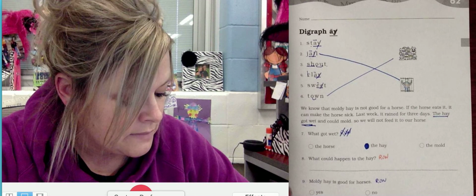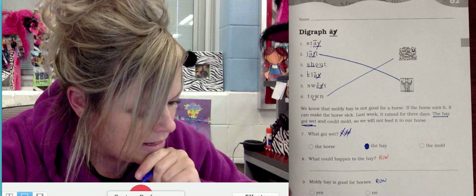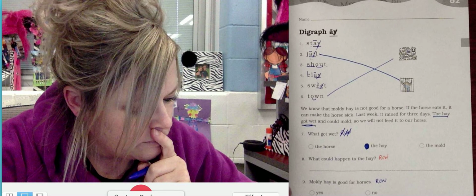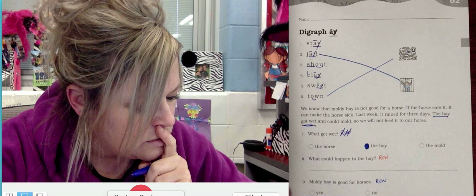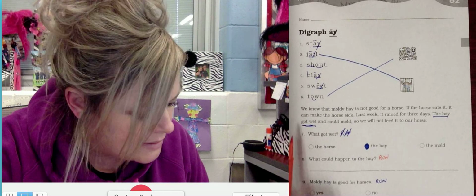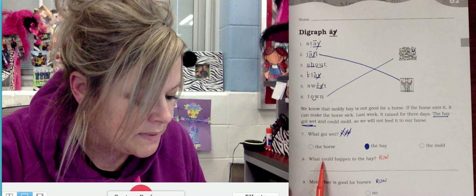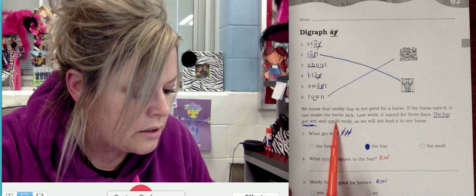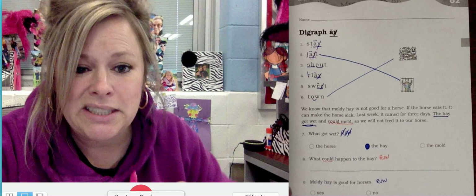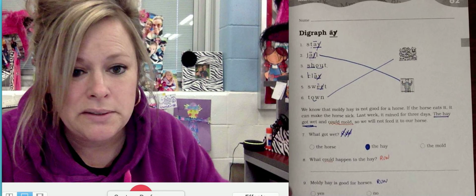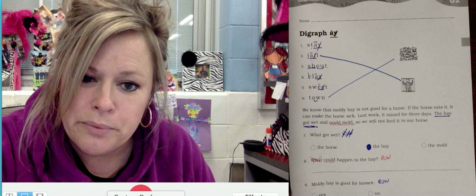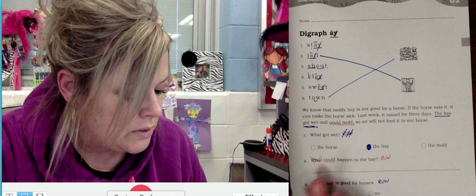Number 8, what could happen to the hay? What could happen to the hay? Oh, I remember. It said the hay got wet. What could happen? See that word could? It could mold. Okay? So what could happen to the hay? It could mold. Okay? The word what is a question word. We don't really need the question word to restate it. Let's go ahead and use could happen to the hay.